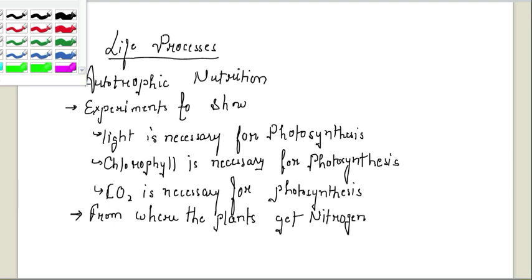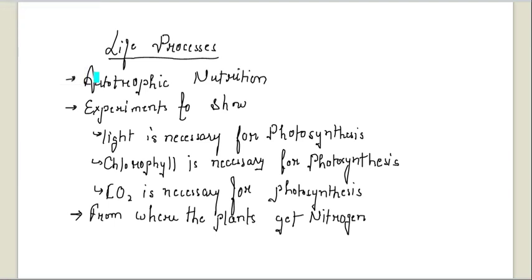In the previous video, I told you what autotrophic nutrition is, the process responsible for the formation of food, that is photosynthesis, and the raw materials of photosynthesis. You can view the previous video; I will share the link in the description.